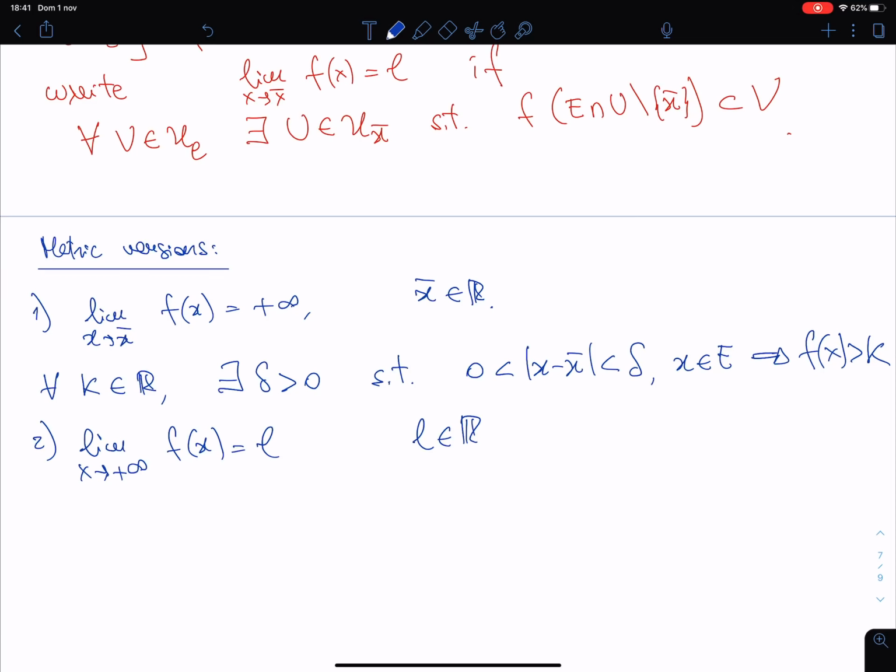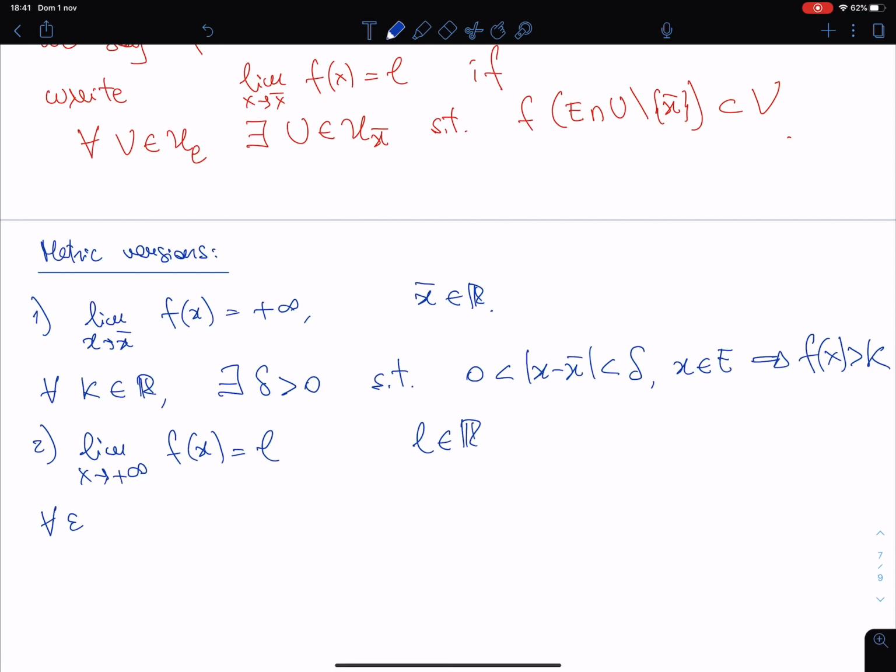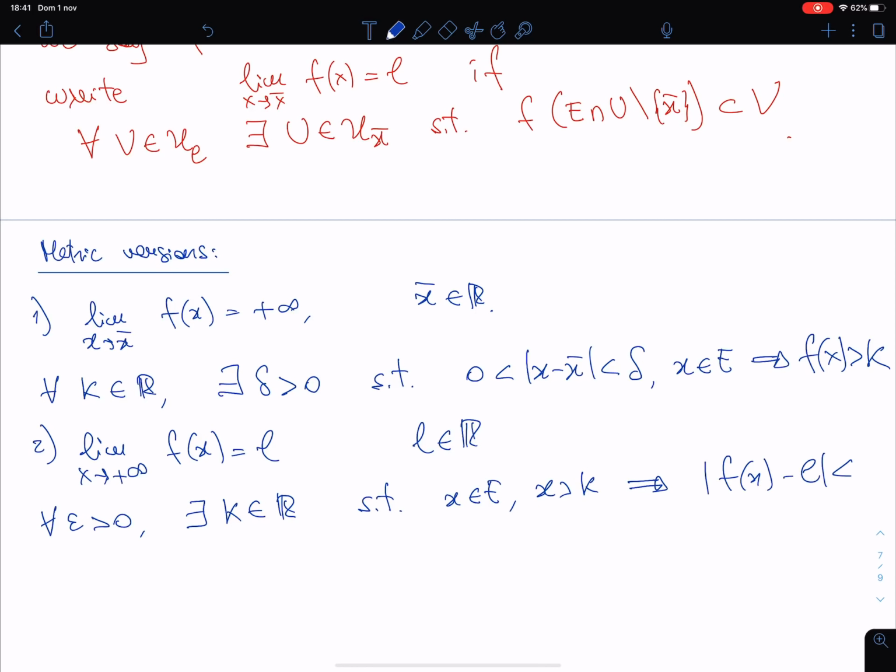So first we have the neighborhood of the limit L. The limit is finite, so we write for every epsilon larger than 0 there exists k in R such that whenever x in E and x larger than k, then the distance between f of x and L is less than epsilon. Notice here we are mixing the two definitions, the notion of plus infinity and L.